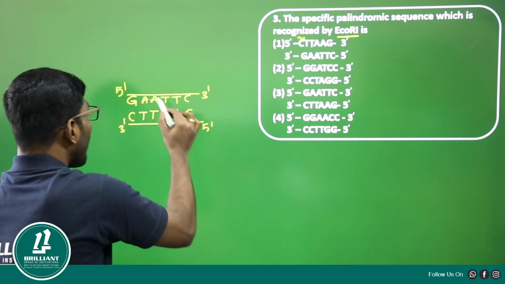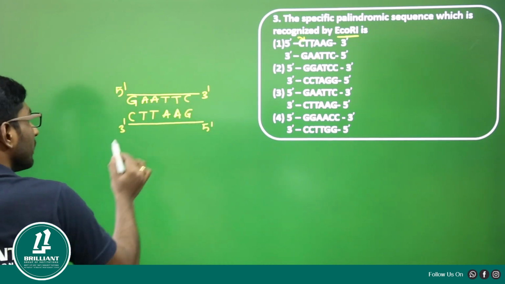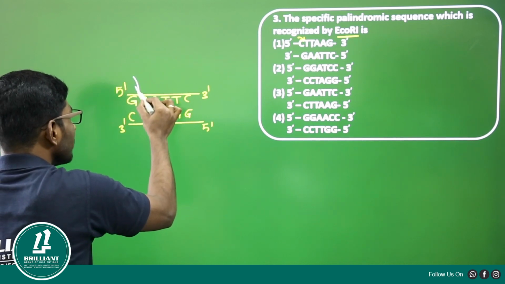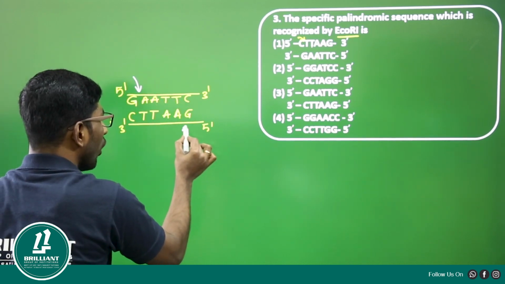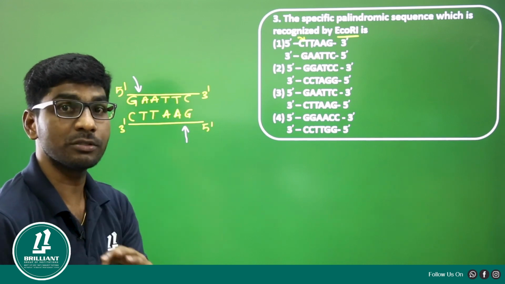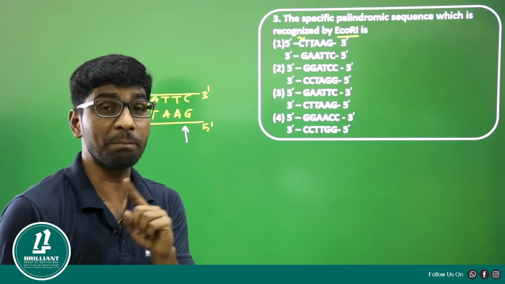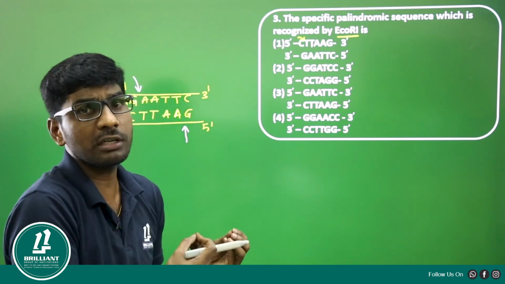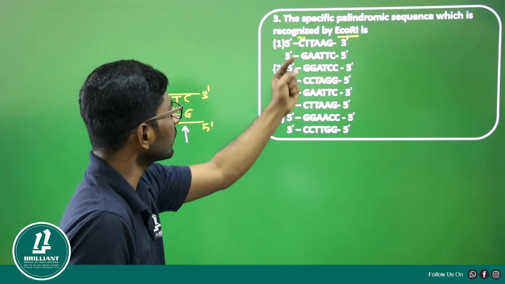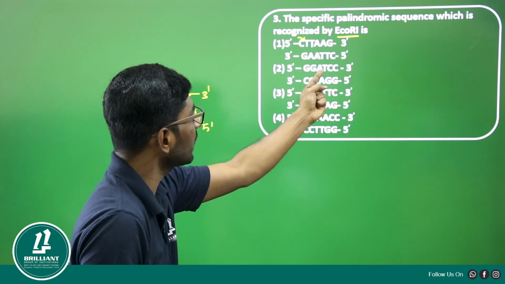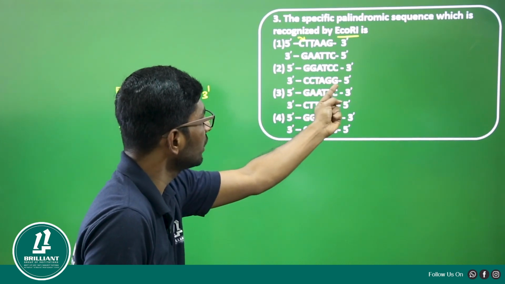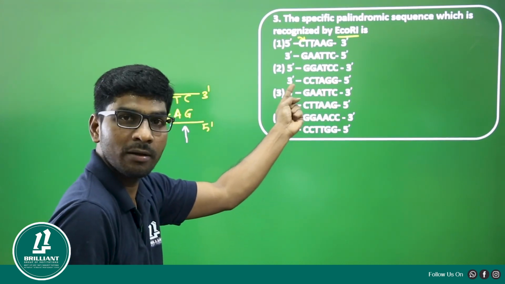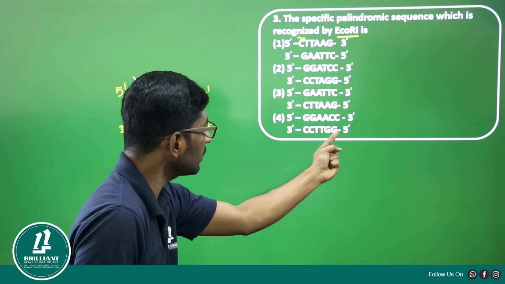So EcoR1 acts exactly at this place and it will form sticky ends. So before you answer this question, be careful, students. Because if you read the options, all look like palindromic sequences. Look at here. This is a palindromic sequence, GGATCC. And look at the other options, GGAACC, GGTTC.